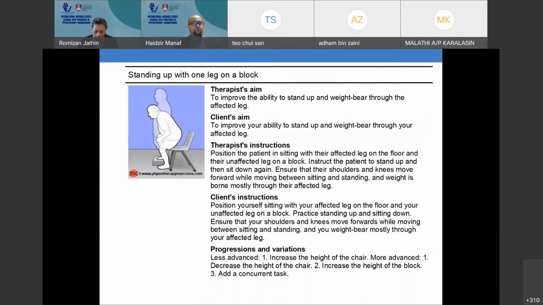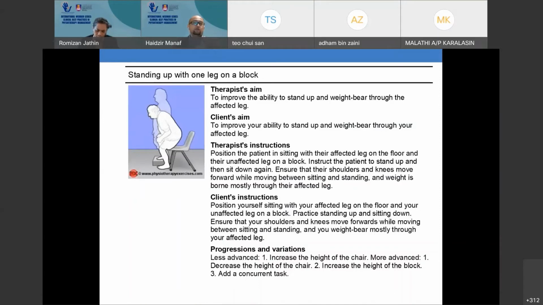So increased weight bearing on the stronger lower extremity can be achieved by varying the initial foot position, placing the stronger foot slightly behind the weaker foot in the early stage of the rehabilitation.